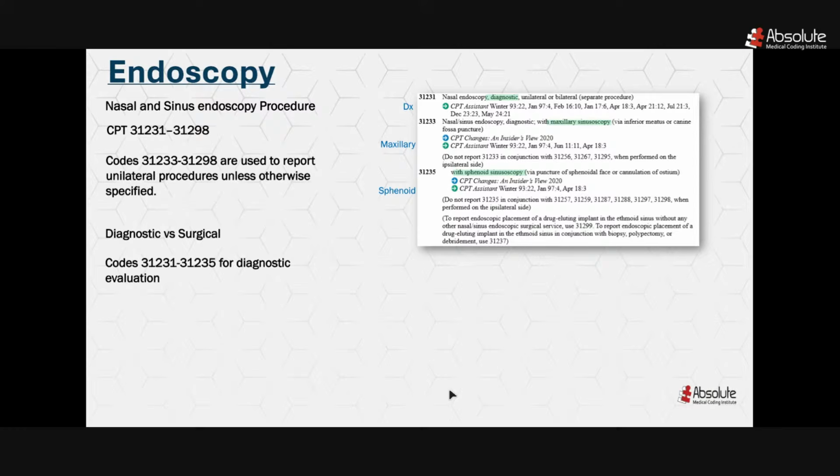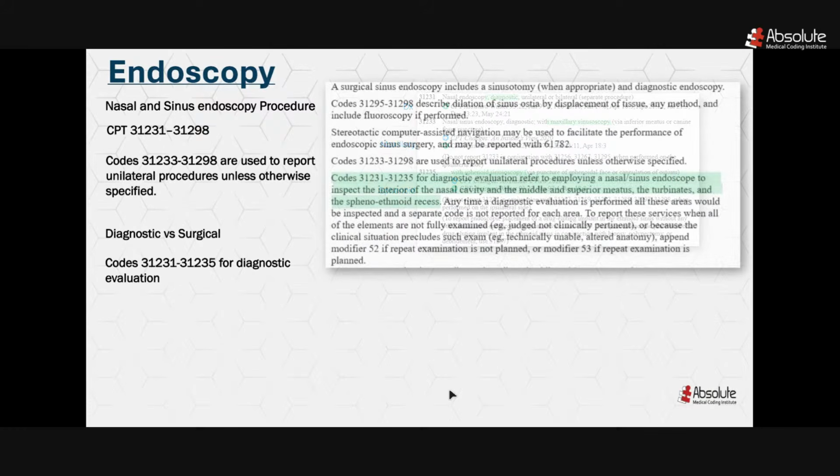These codes range from 31231 through 31235. And there is an important guideline you have to take note of for these diagnostic nasal endoscopy procedures. The guideline says that when a diagnostic nasal or sinus endoscopy is performed, CPT expects the provider to use the endoscope to inspect all of the following areas.